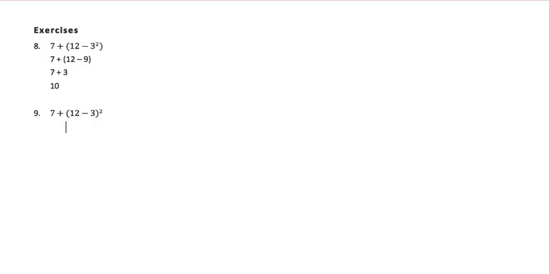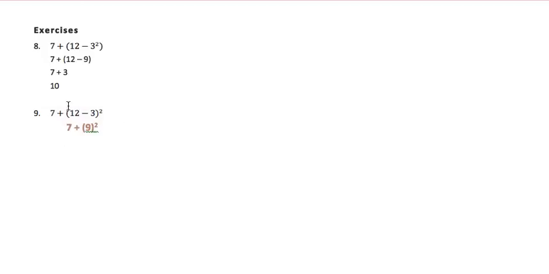Now notice in exercise 9, we have the same numbers, but the exponent is outside of the parentheses. So now what we're going to do is the problem inside parentheses first, and you'll notice that I am leaving that number in parentheses because the exponent is outside of the parentheses.